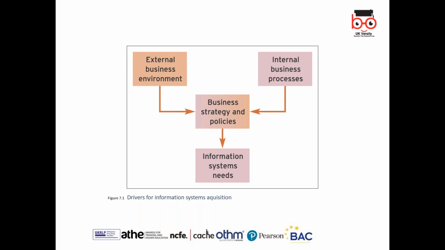So this diagram just shows a couple of elements that have to be taken into consideration. We have the external business environment on the left-hand side, while on the right-hand side we have the internal business process. Both of them have to correlate, and they have to be managed by the business strategy and policy.